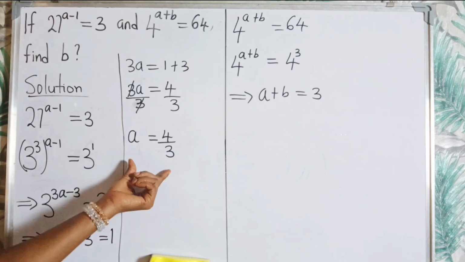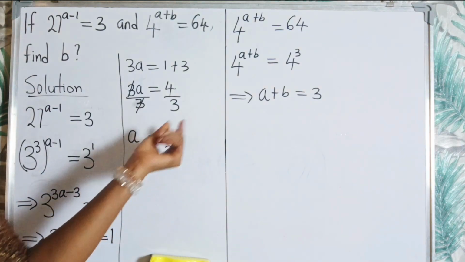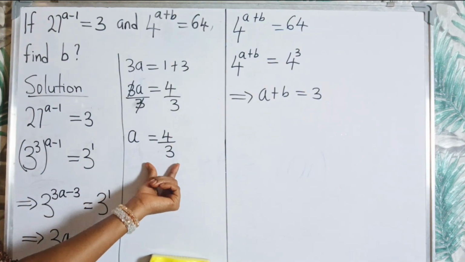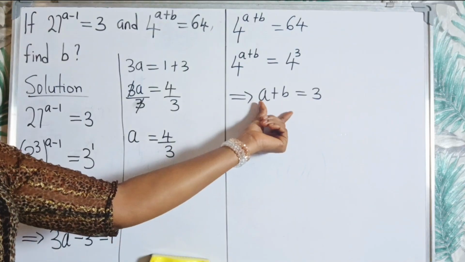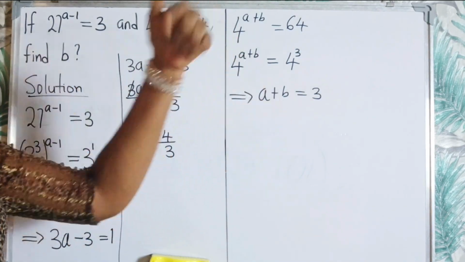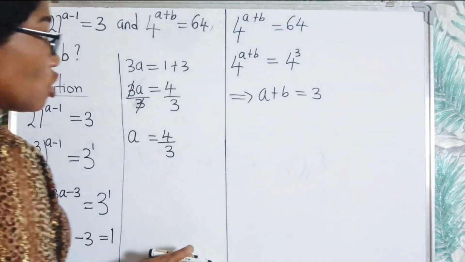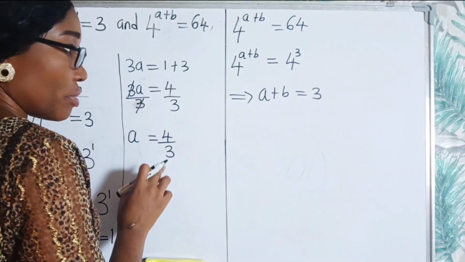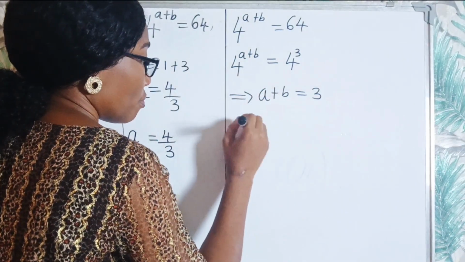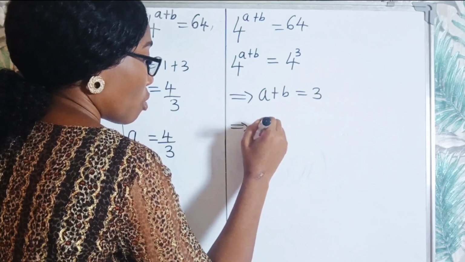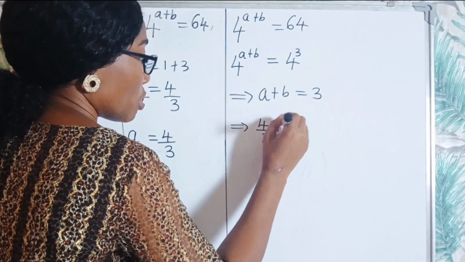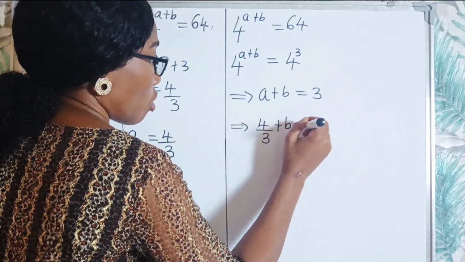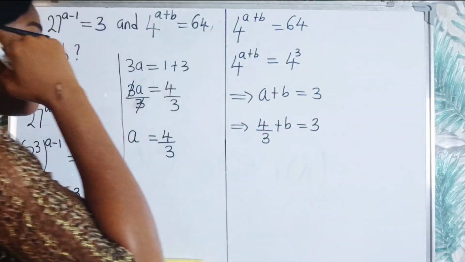Now, this is when we can apply the substitution method. We are going to substitute the value of a into this equation and then use it to look for the value of b. So wherever I see a, I'm going to substitute 4 over 3. So here I have 4 over 3 plus b, and this is equal to 3.